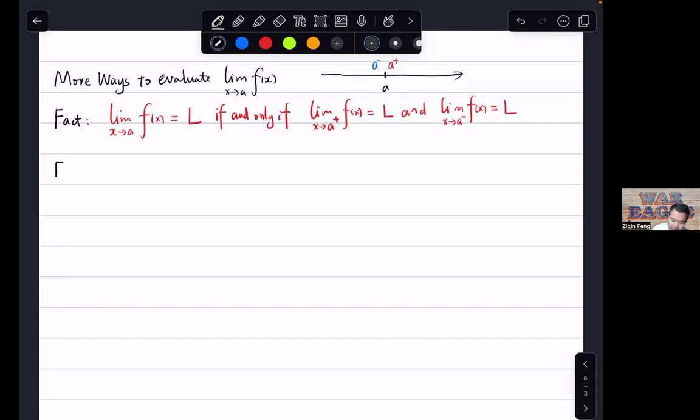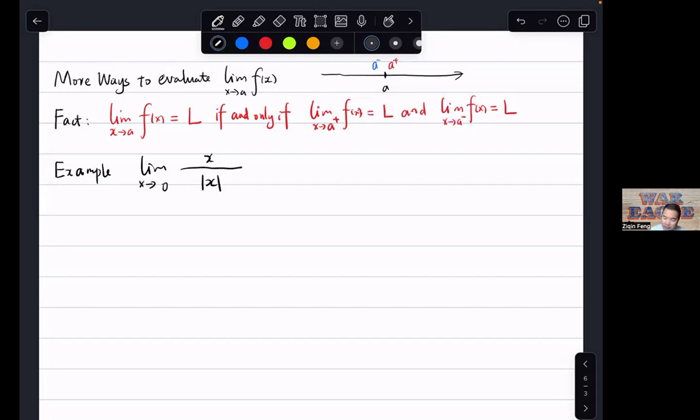Example. What is the limit as x goes to 0 of x over the absolute value of x? We want to know what this limit is. Clearly, you cannot cancel the x factor because x is not the absolute value of x, since sometimes x is negative.